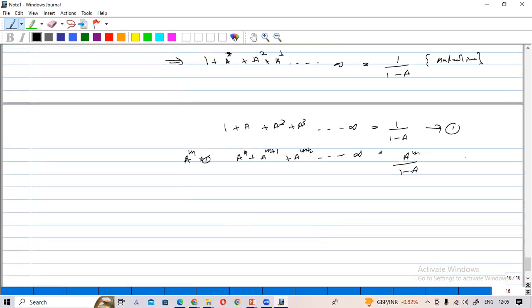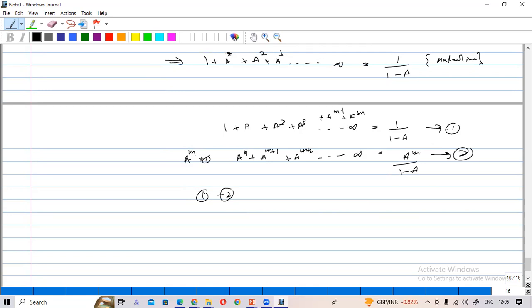Now let's say that this is the second one, okay, so you have to get 1 minus 2. So here also 1, a square, a cube, so on, it comes to a^(N-1) plus a^N.